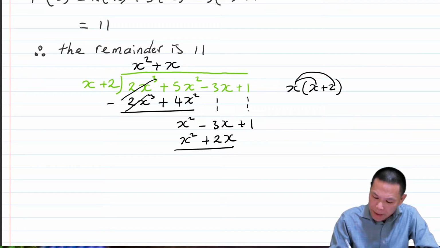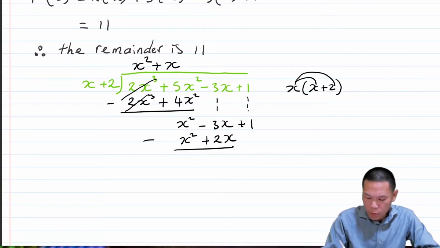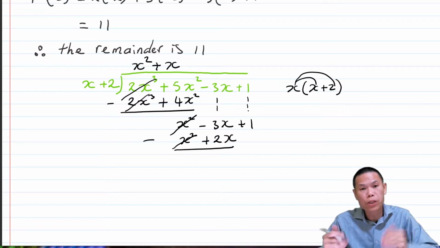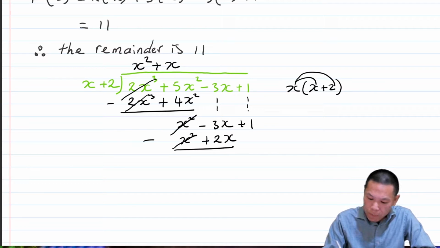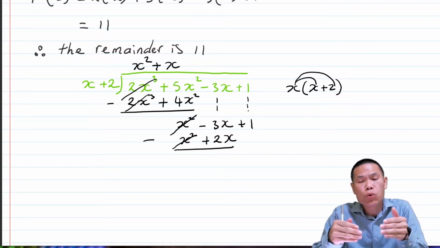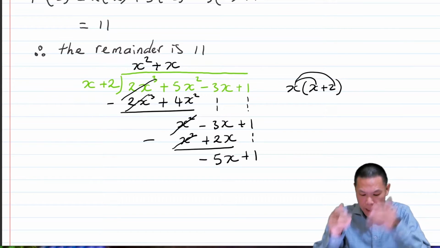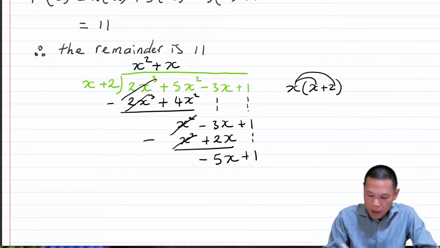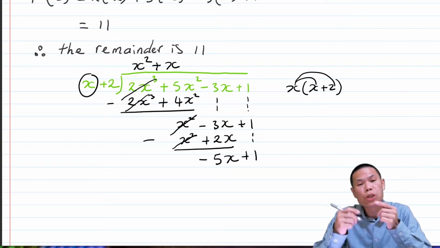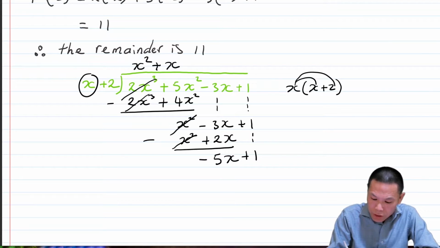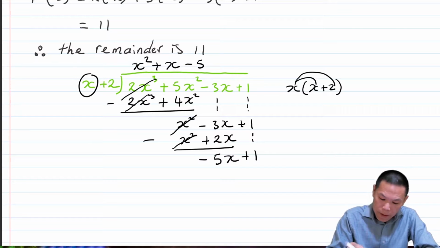We write this down and subtract. x squared minus x squared cancels out, and minus 3x minus 2x is minus 5x. So negative 5x, and we bring down plus 1. Then negative 5x divided by x is negative 5.